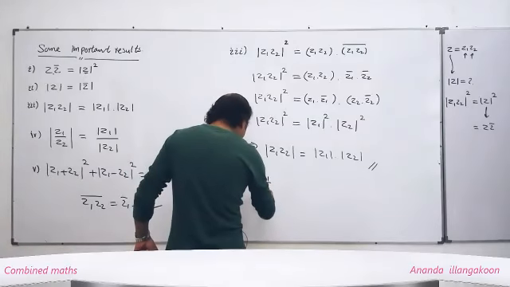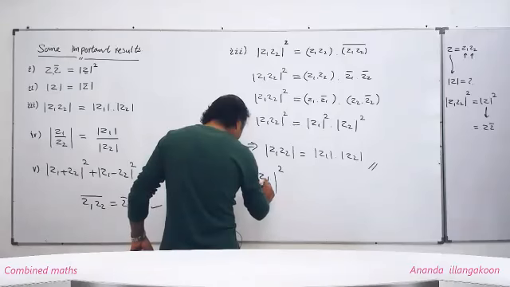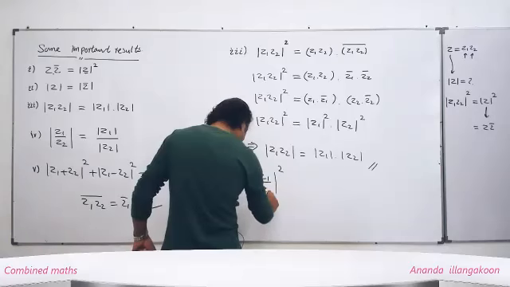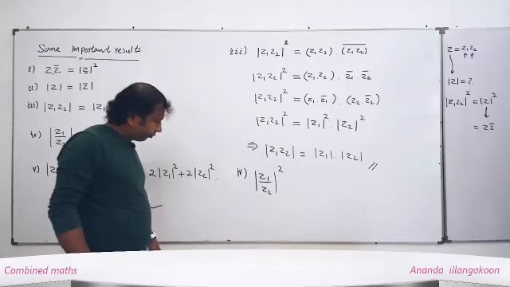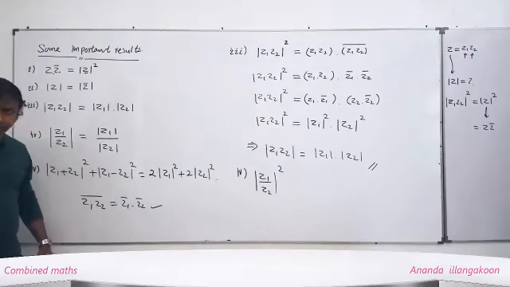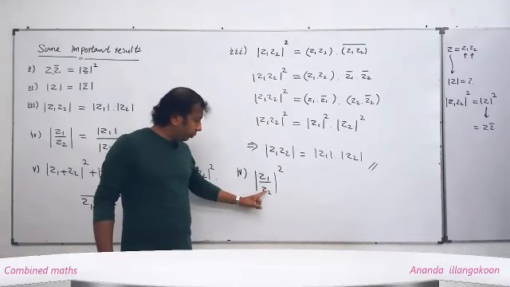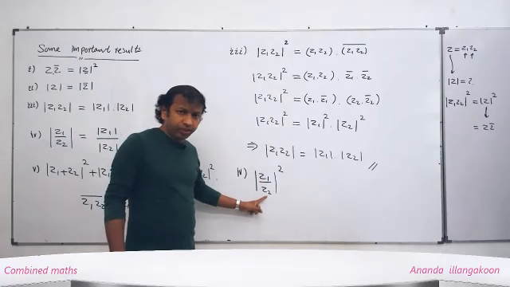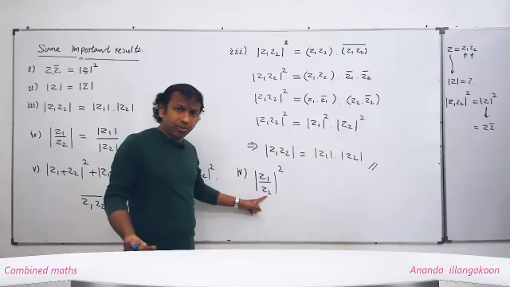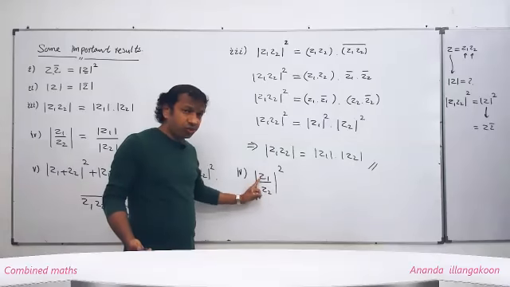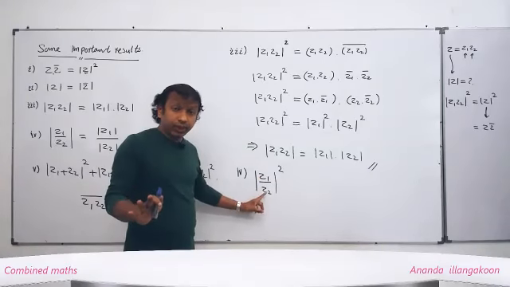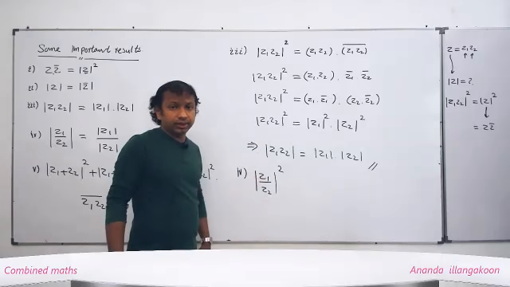Z1 divided by Z2, modulus perfectly squared. You know, here Z1 divided by Z2, when you divide a complex number by another complex number, the result is a complex number. Then really within this modulus sign, we have a complex number, and it asks for its modulus perfectly squared.